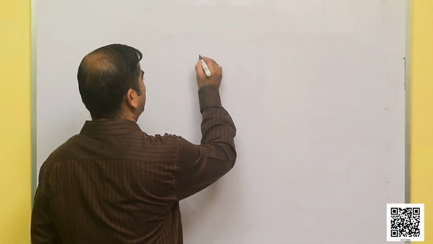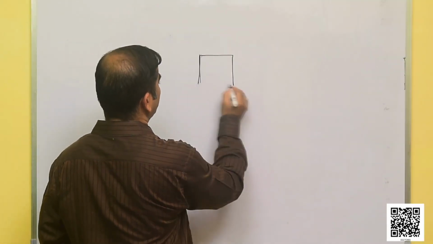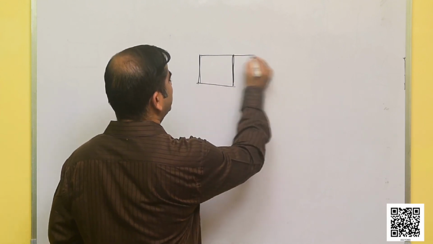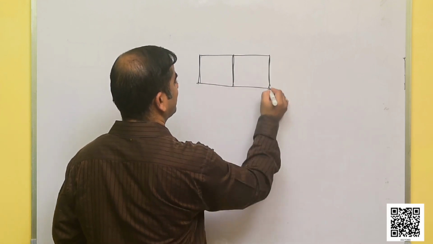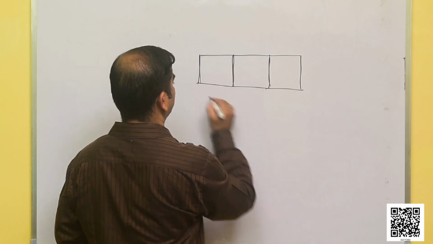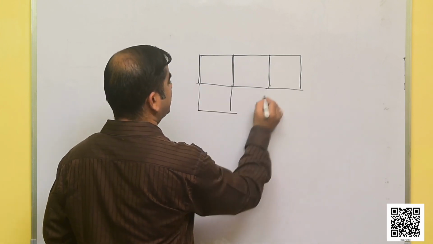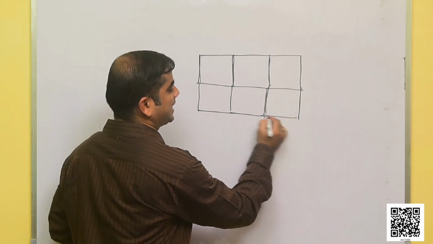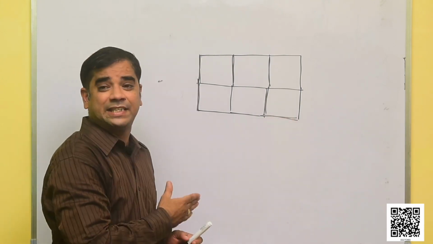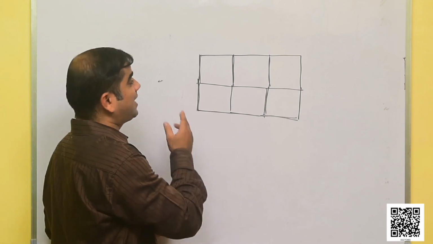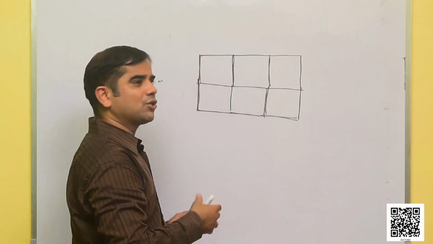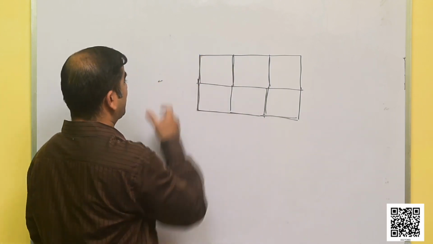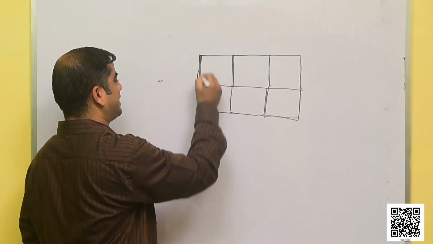Suppose I have a stamp which is having 6 squares of side 1 centimeter each. So what is the perimeter? It is nothing but the boundary. So let's add the boundaries. The breadth is of 2 centimeter.